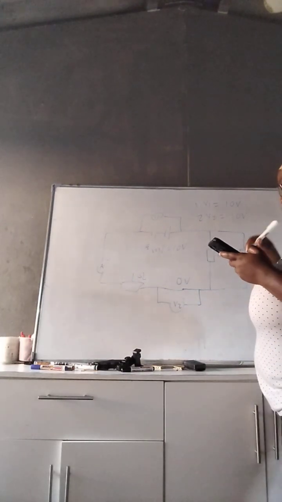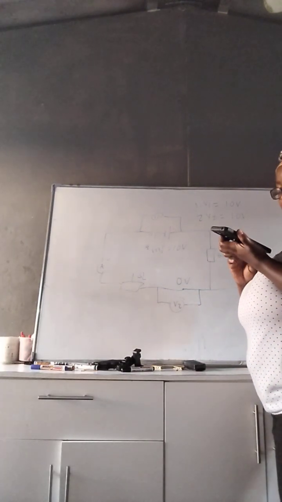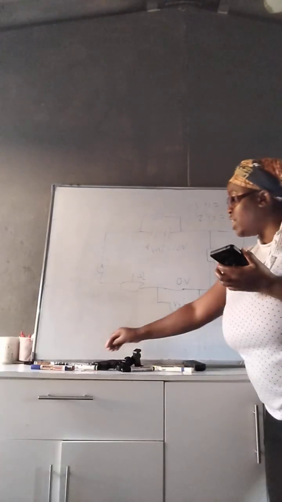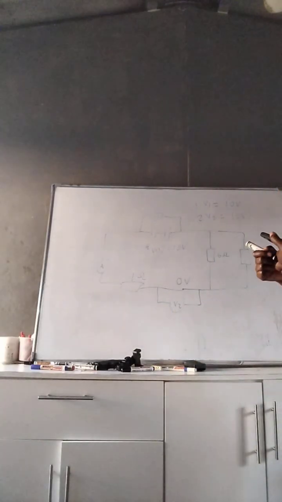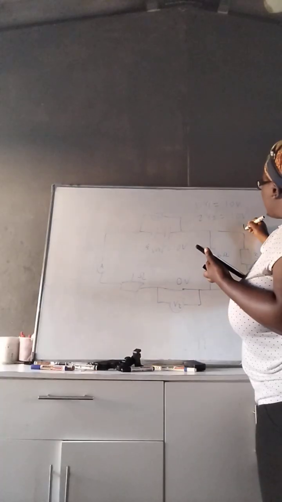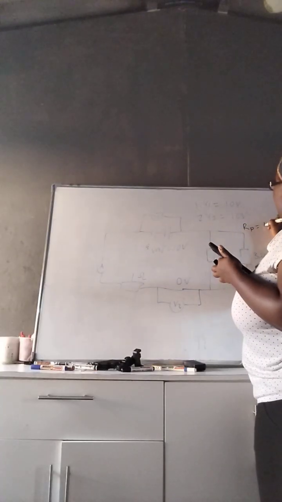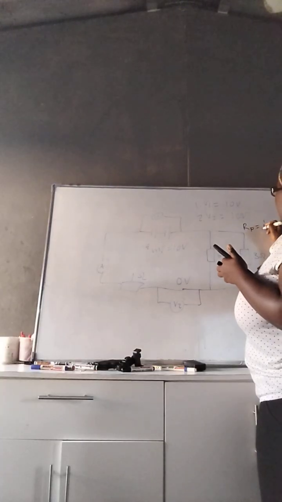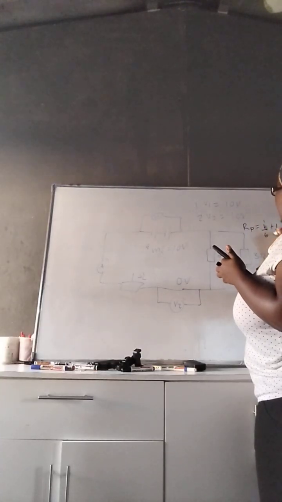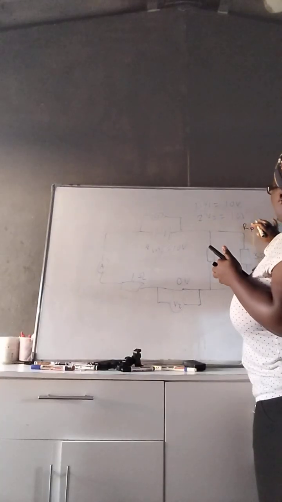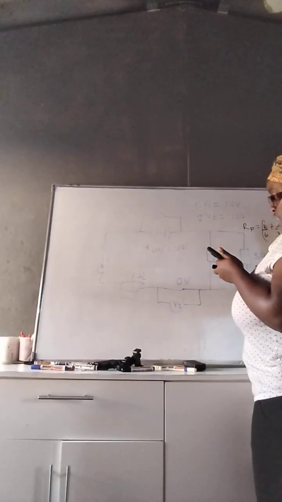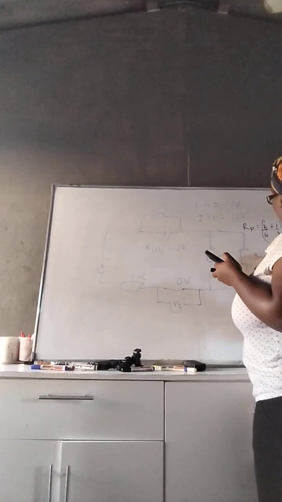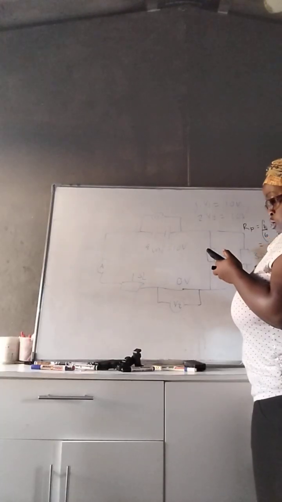Okay, so the reading on the ammeter, how do we go about it? We first have to find the R parallel because these two resistors are in parallel. So R parallel is equal to (1 over 6 plus 1 over 3) to the power of negative 1, so it's going to be 2 ohms.